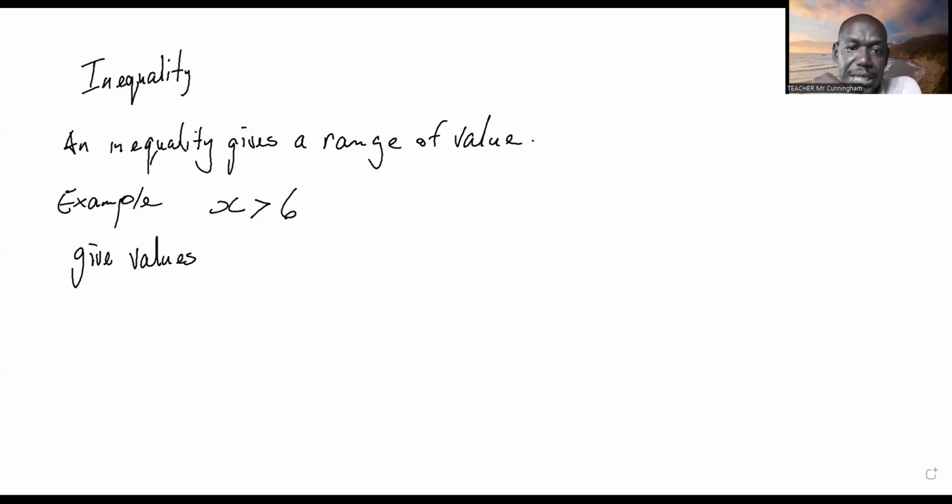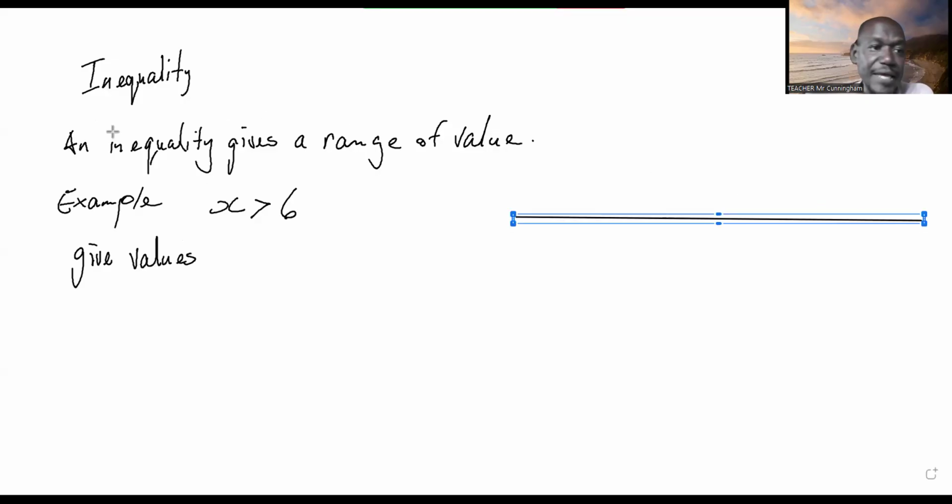X is greater than 6. No, Matthias, x is greater than 6. Think about your number line. This is maths, real simple, you know. Think about your number line.